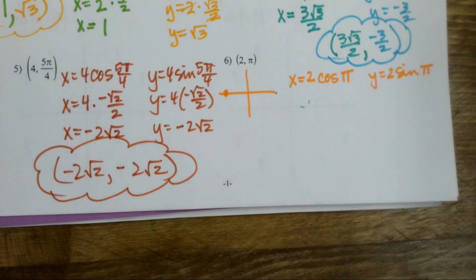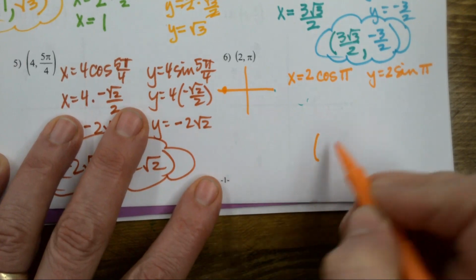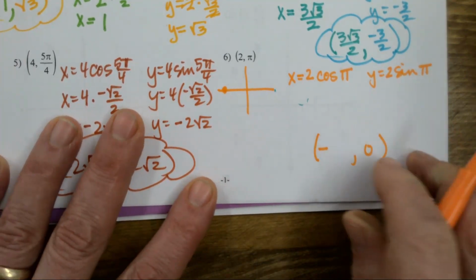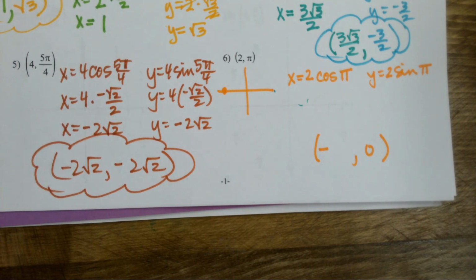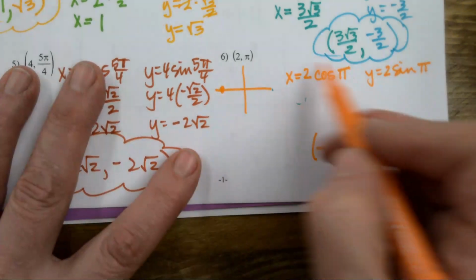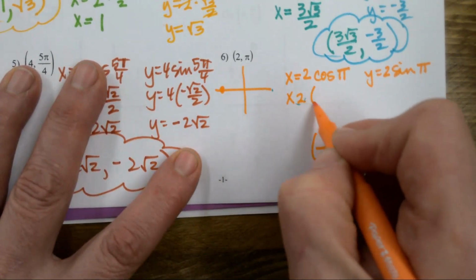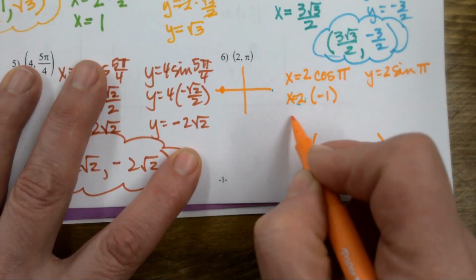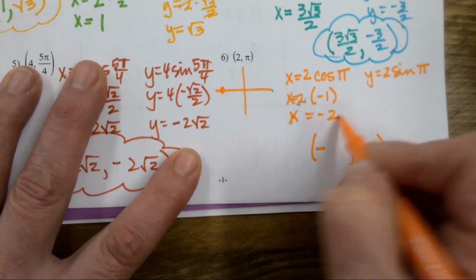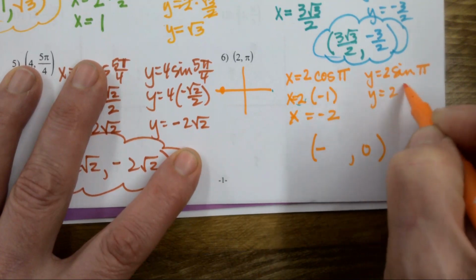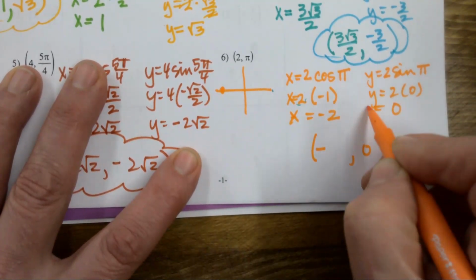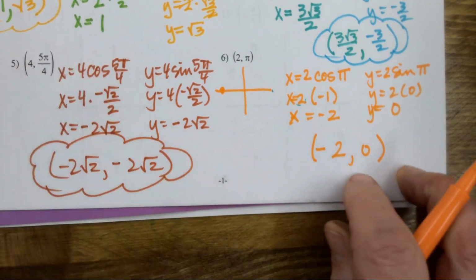If I think about that position, I know that is a negative X value, 0 Y value. So I know for a fact I'm going to have a negative X value and a 0 Y value just because of the angle pi. So when I set this up, this is 2 times negative 1, or negative 2, and this is 2 times 0, or 0. And again, I can just fill in that spot.